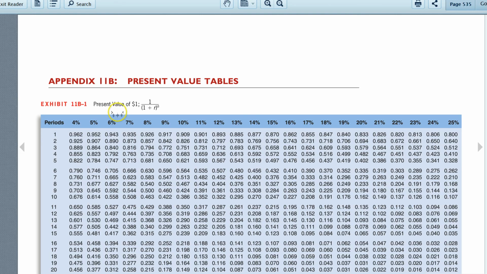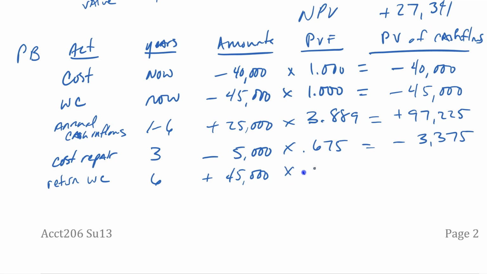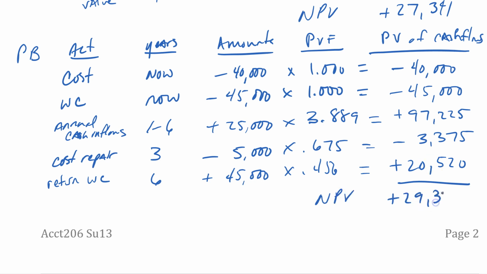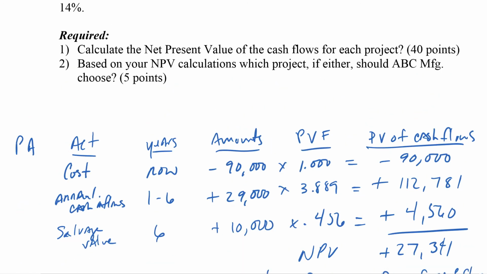So we go back to the present value of a dollar, 14%, 6 periods, we get 0.456. And that gives us positive 20,512. We add all of those up, and that gives us net present value of 29,370. So both of these have positive net present value.